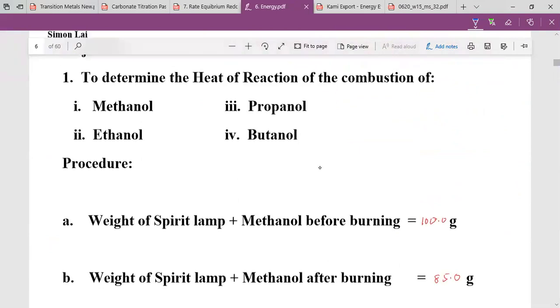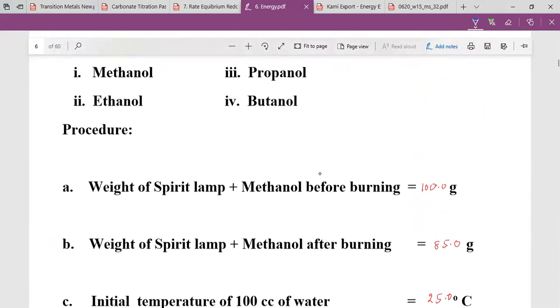You burn the spirit lamp, and you actually set it up like this. Got the spirit lamp here. There's a wick here, and it burns. We use methanol, CH3OH, and there's a beaker or something here, and you measure the temperature.